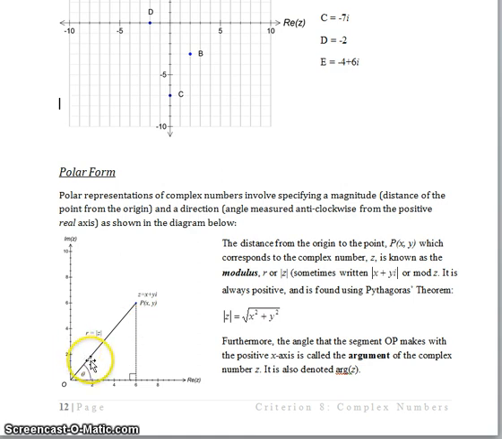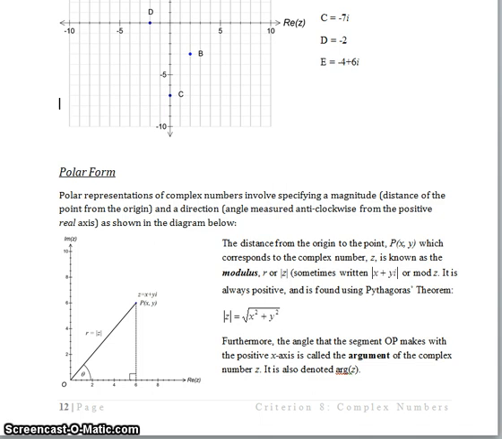We specify the angle from the positive x-axis. So the angle specified is similar in a way to when we're working with trigonometry and the unit circle. So we measure from the positive x-axis, so in this case the positive real axis.